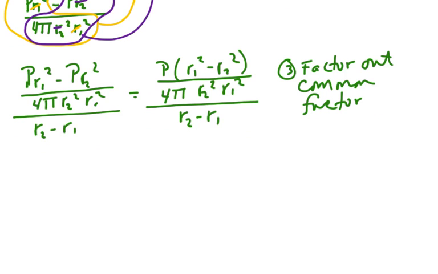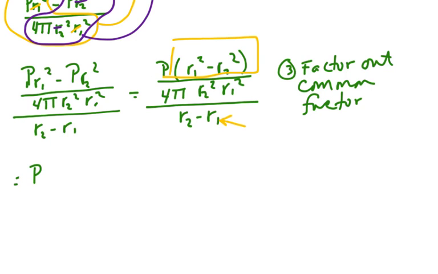What I would do next, I still see a mess on the top. I'm going to look at factoring this binomial, because I see on the bottom there's an R2 minus an R1. There's got to be something I can do up top in order to cause an elimination. It doesn't matter what order you do it in. But I'm going to factor this binomial.